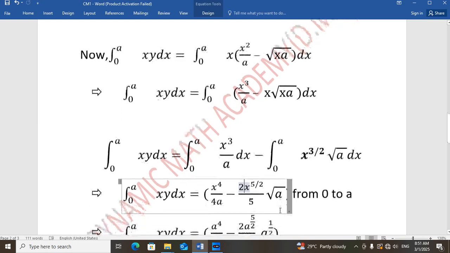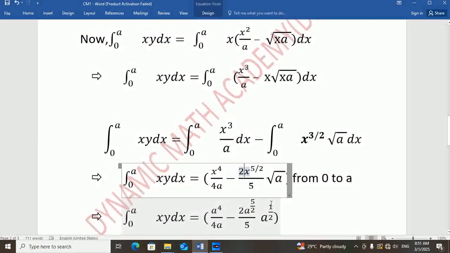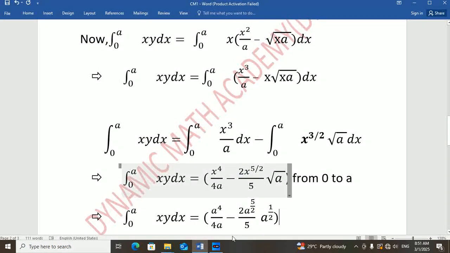So we're just left to substitute the boundaries. If you substitute the boundaries, we're going to have a raised to the power 4 on 4a minus a raised to the power 5 on 2 times 2 divided by 5. Then root a is the same as a raised to the power half.